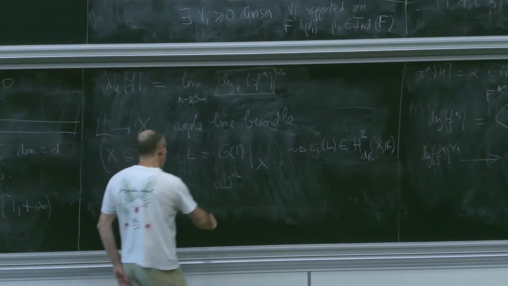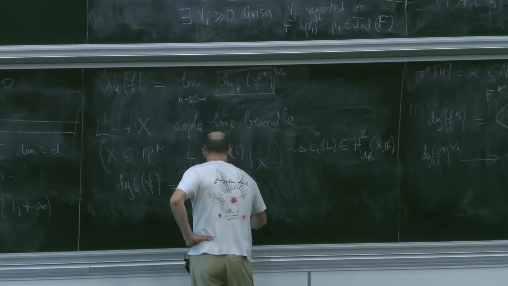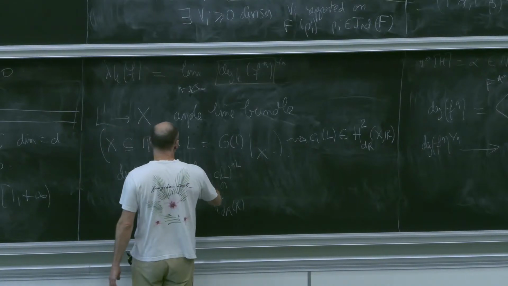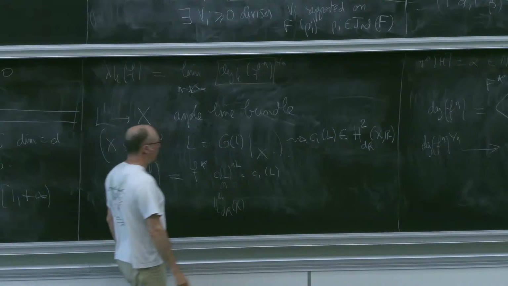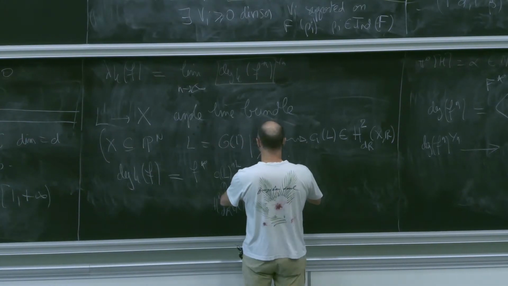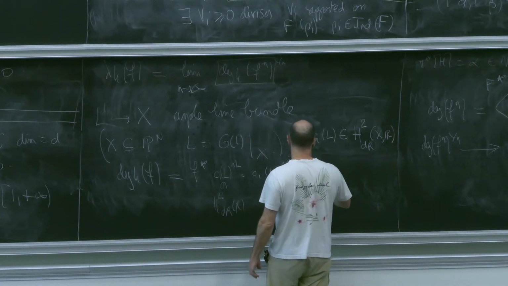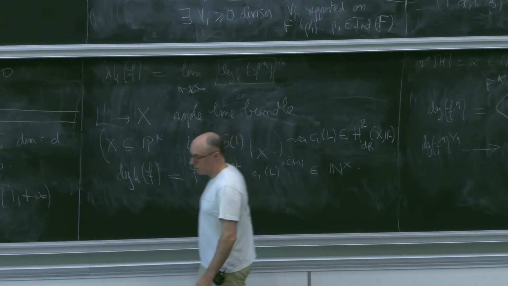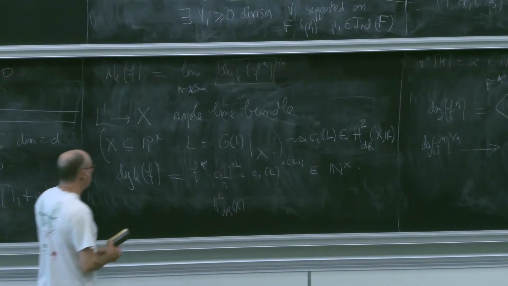So this is some class which lies in H^{2k} de Rham of X. And just as before, I'm going to pull it back by F, and then cup it with the thing such that you get a number. So here you have to look at c_1(L) to the power d minus k. And I need to explain that this is a positive integer.